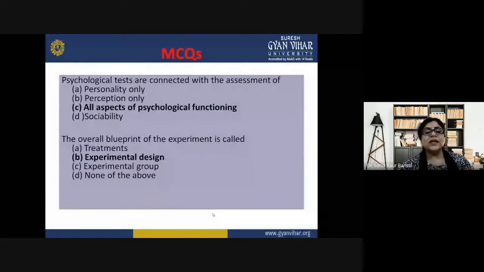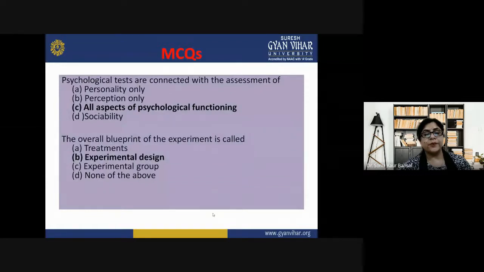Then secondly, the overall blueprint of the experiment is called: A, treatments; B, experimental design; C, experimental group; D, none of the above. So it is B, experimental design.